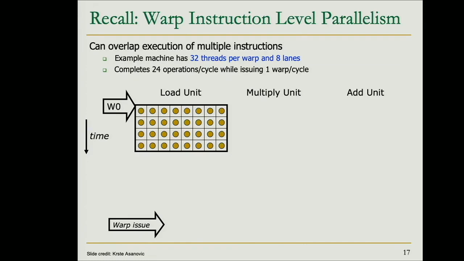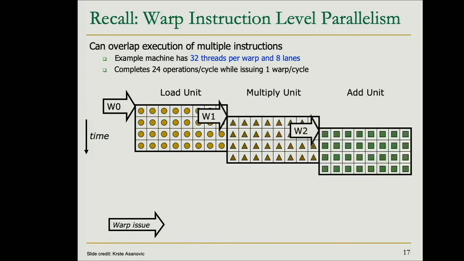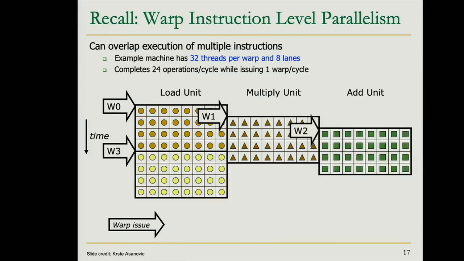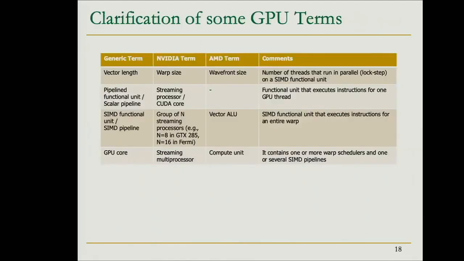For example, in the load unit for warp 0, we execute a load instruction, and maybe here in the multiply unit, we execute a multiply instruction for warp 1, an addition for warp 2, and again, load unit, warp 3, warp 4, warp 5.